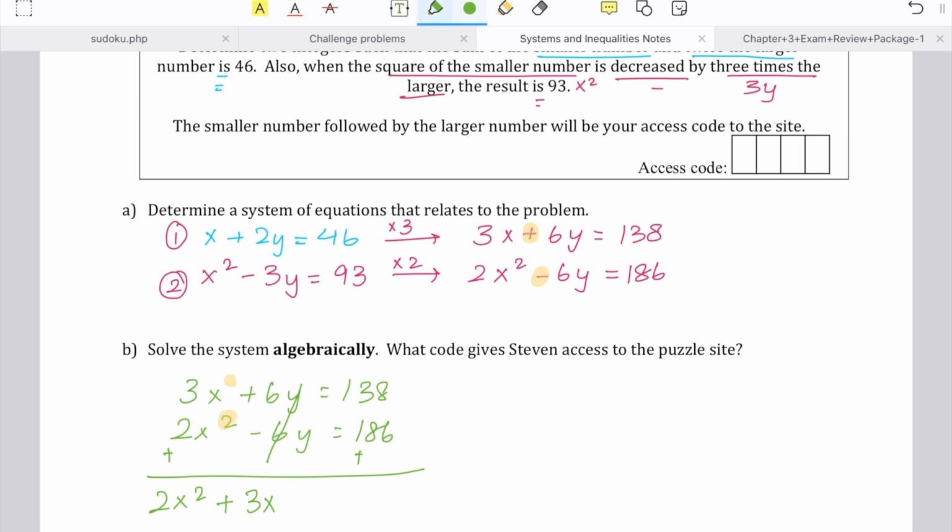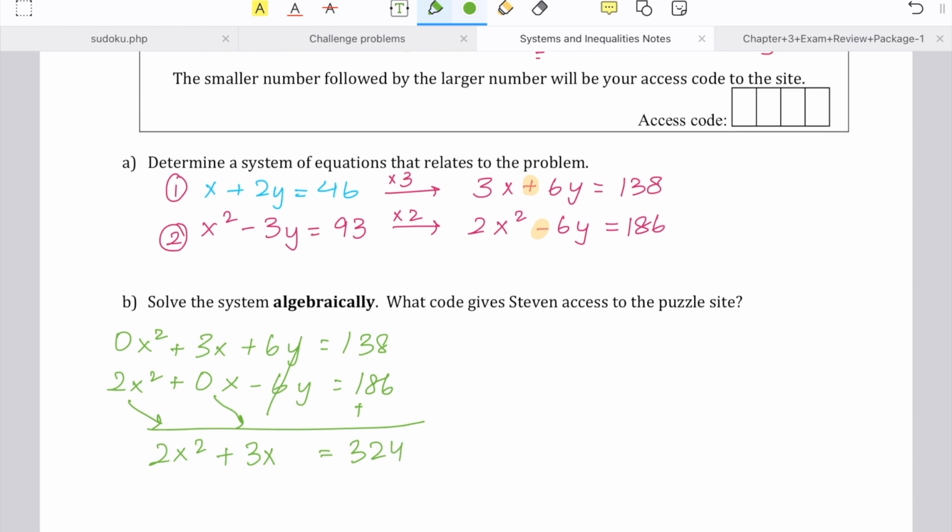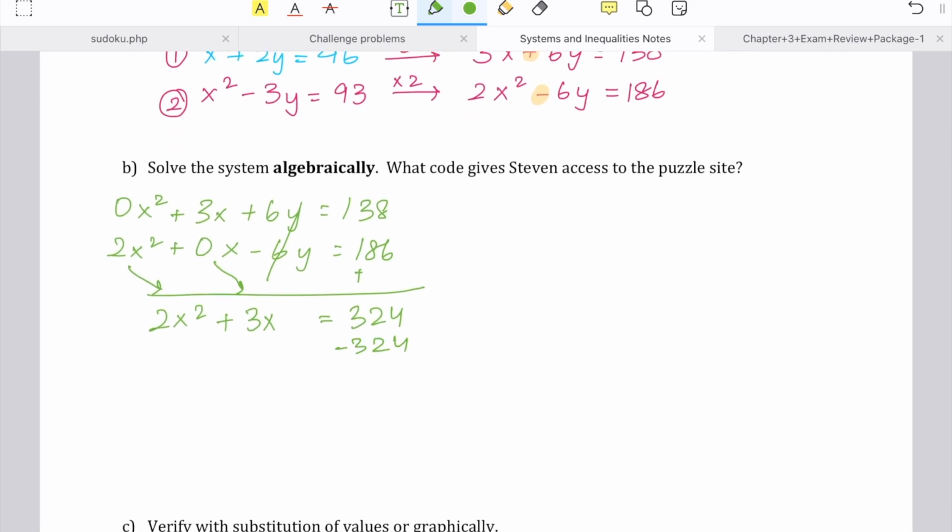If you do get confused, an easy way of doing this is just writing 0x and 0x squared over here, because then it'll be 2x squared plus 3x is equal to 138 plus 186, which is 324. And then you need to subtract 324 on both sides to get 2x squared plus 3x minus 324 is equal to 0.